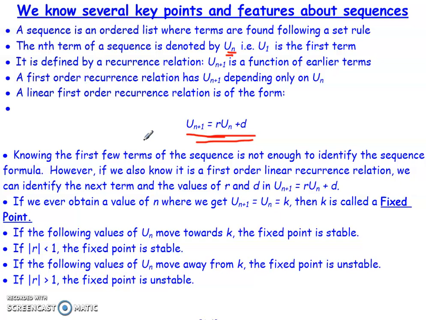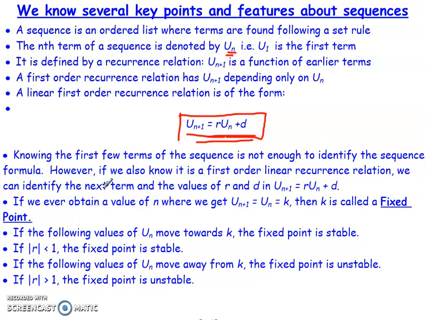I couldn't tell you the first three terms of a sequence, and then you turn around and tell me, oh, un+1 equals this. But if we know it is a first order linear recurrence relation, then we can identify the range of values for r and d. In general, we can't do it. But if we know it's a linear first order recurrence relation and it's going to take this format we just mentioned, then we can use the terms and the relationships between them to calculate that.